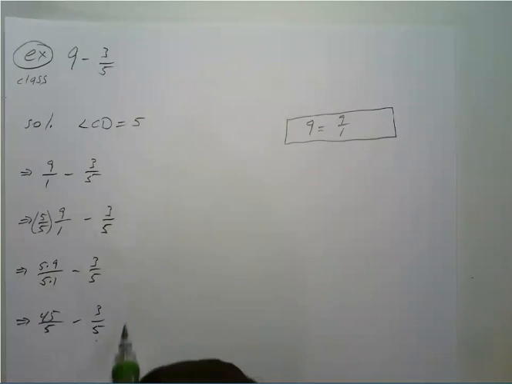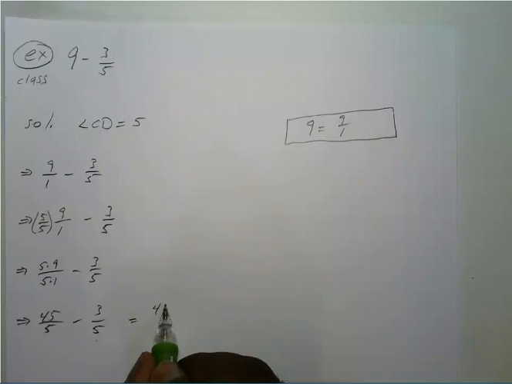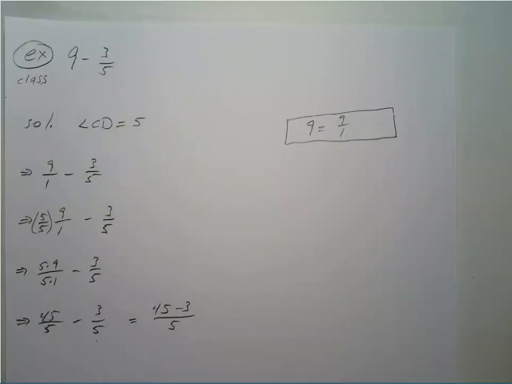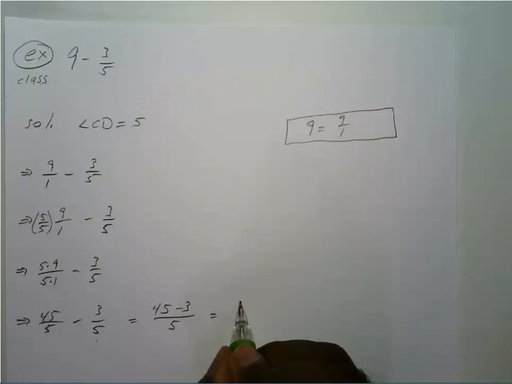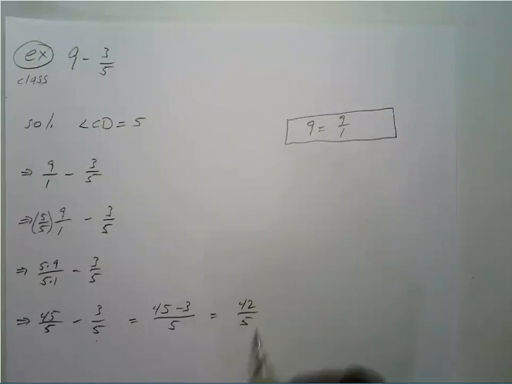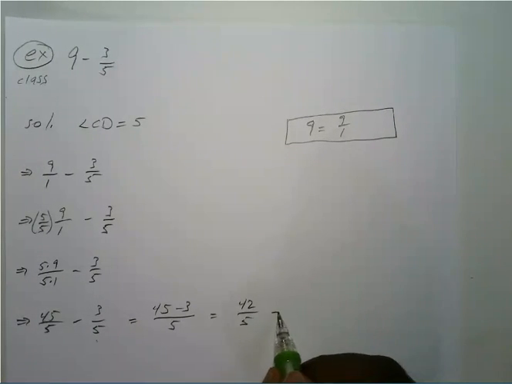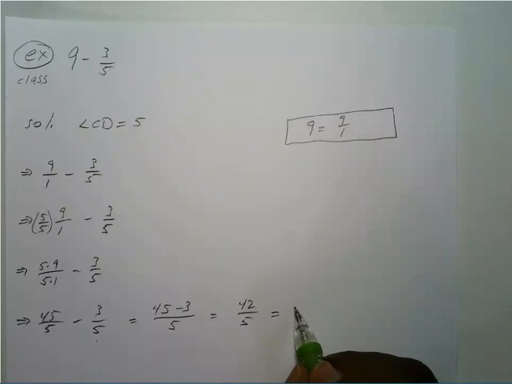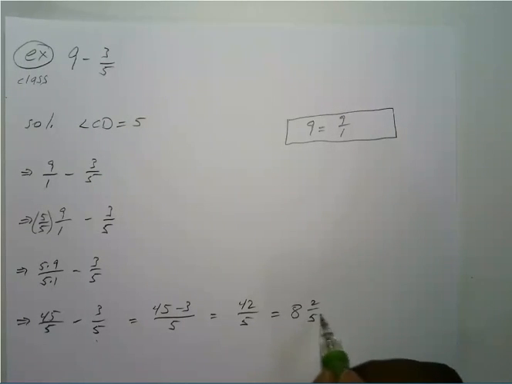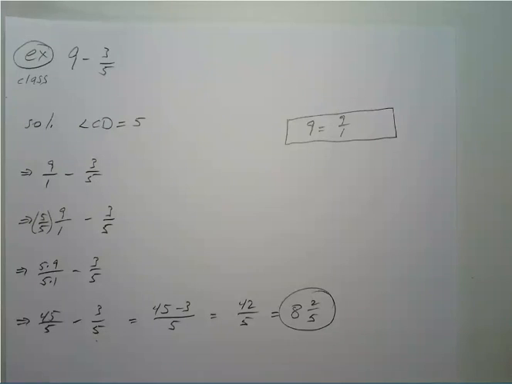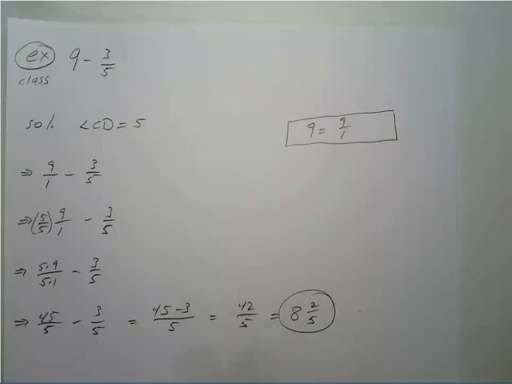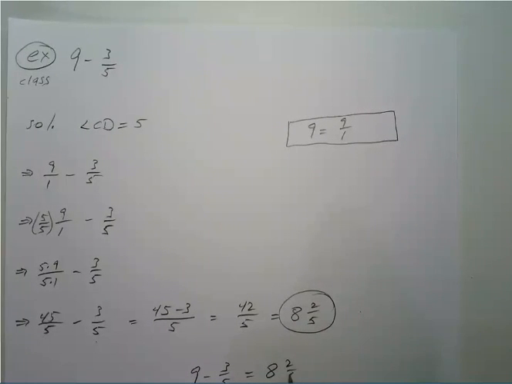Since our denominators match, we just subtract our numerators, so 45 minus 3 over 5 gives us 42 over 5. And if we convert that to a mixed number, that's 8 and 2/5. And that is your answer. So that means that 9 minus 3/5 is equal to 8 and 2/5.